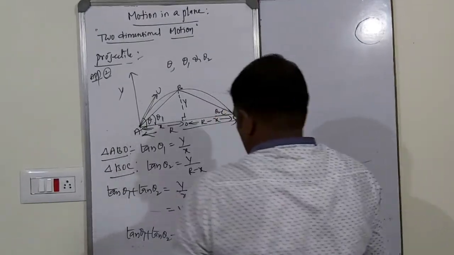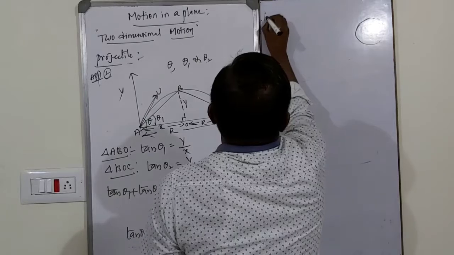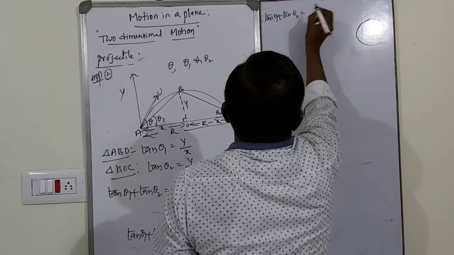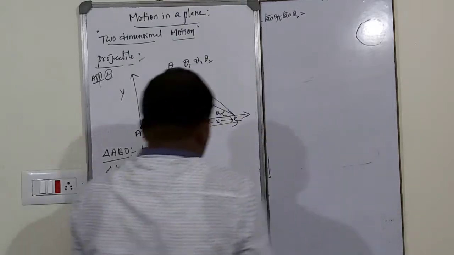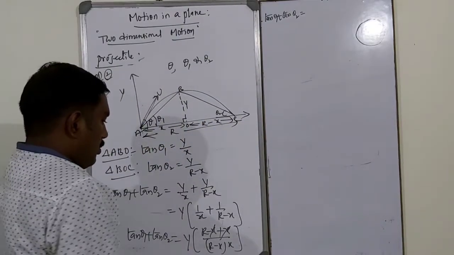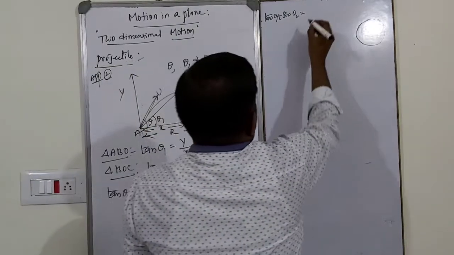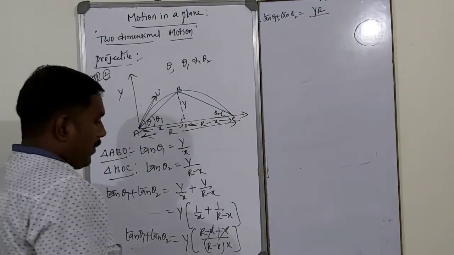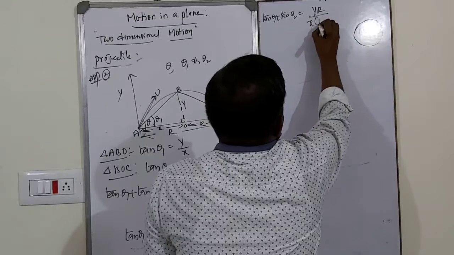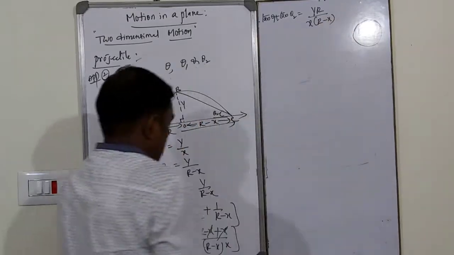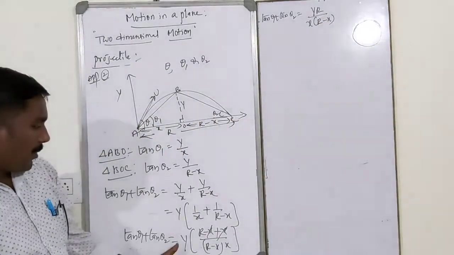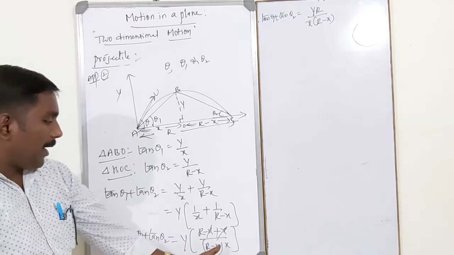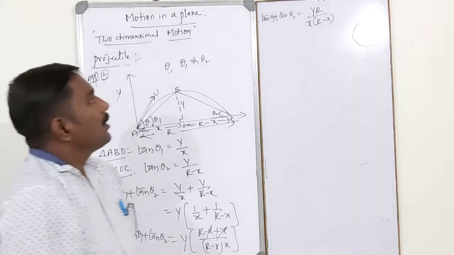Now, tan theta 1 plus tan theta 2 is equal to y r divided by x into r minus x.